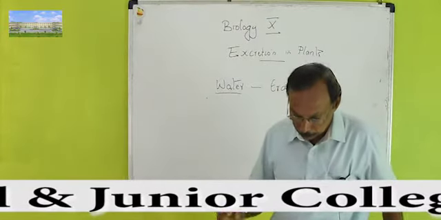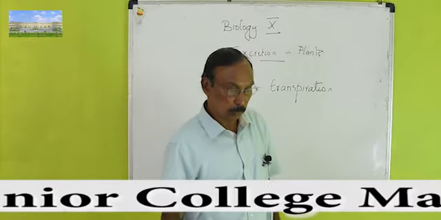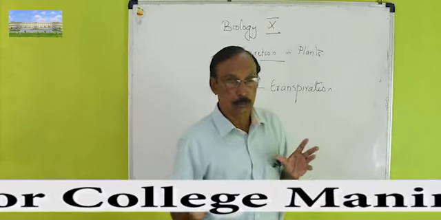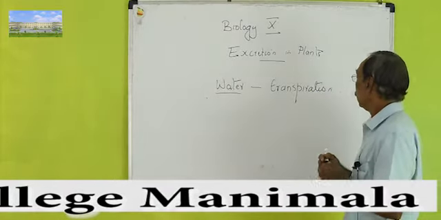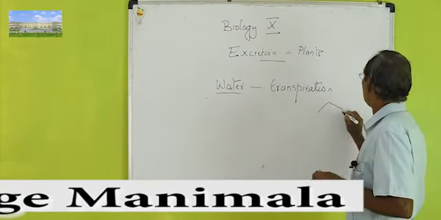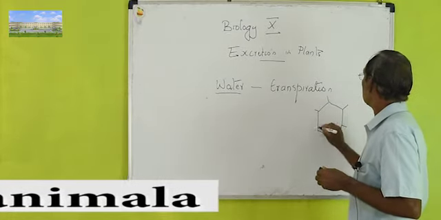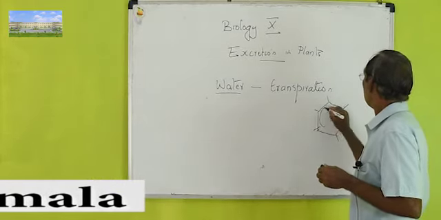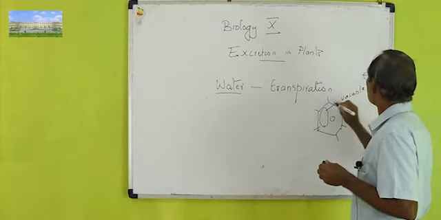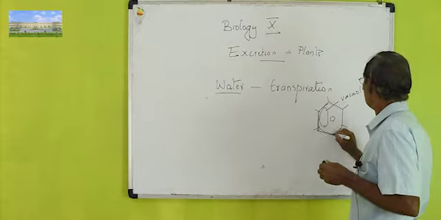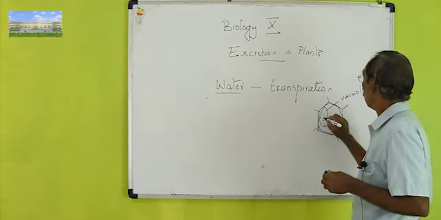So transpiration is the method by which excess water is excreted. Other waste material is also present in the plants, and it can be stored in the plant cell vacuoles. You already studied the structure of a cell in earlier classes. You can see the nucleus, and a large vacuole will be there. This is the vacuole, where the waste material may be stored.